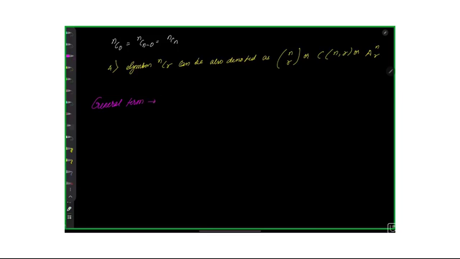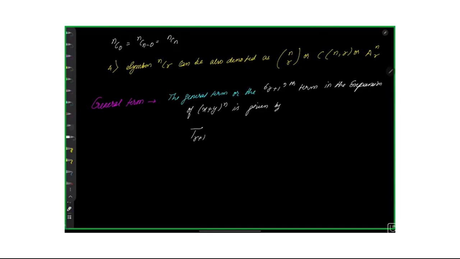The general term in binomial expansion is also known as, very important notice, the r plus one term, not the rth term, r plus one term in the expansion of x plus y to the power n, given by T(r+1), because it is the r plus 1 term.